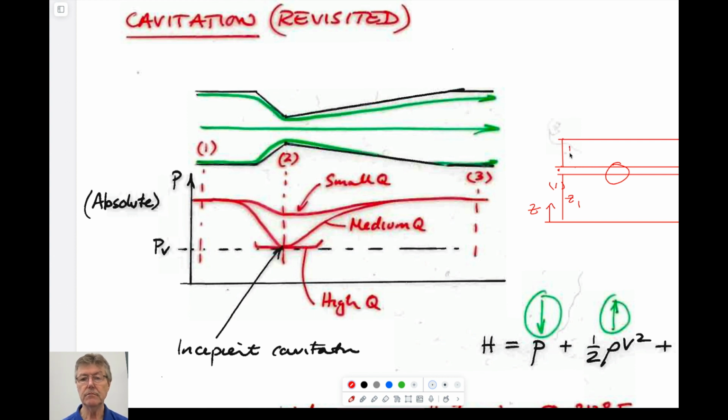This would be P1 over gamma. This would be some imaginary P2 over gamma. And this would be some imaginary V1 squared over 2g. So we know that these are the magnitudes of this.